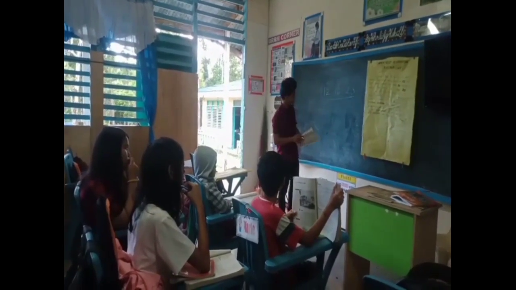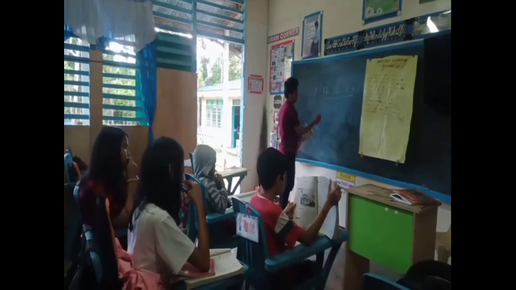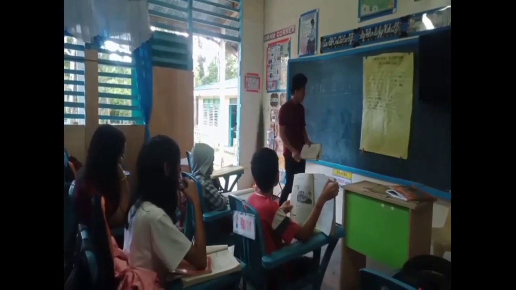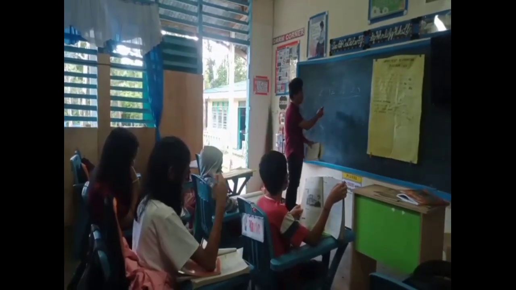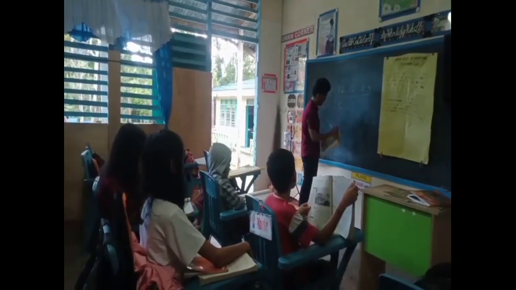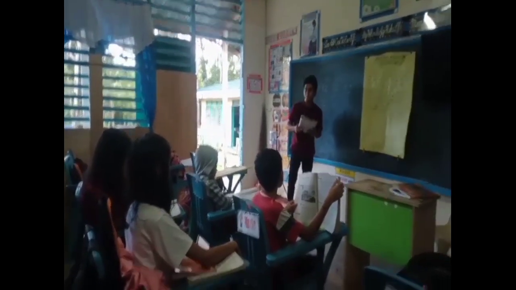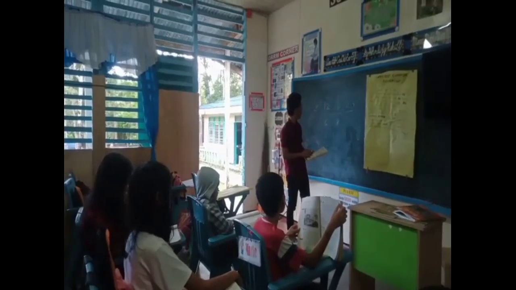So, 2. They are divisible by 2. We divide them by 2. 12 divided by 2 is 6. Good. 16 divided by 2 is 8. Then 20 divided by 2 is 10.